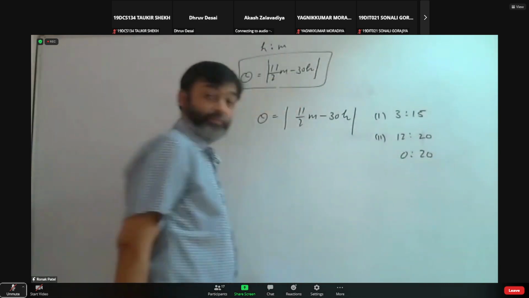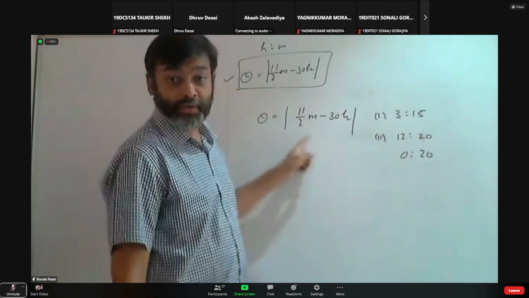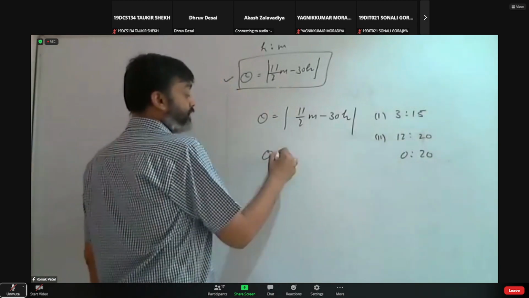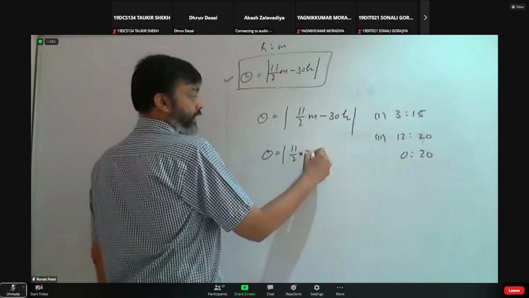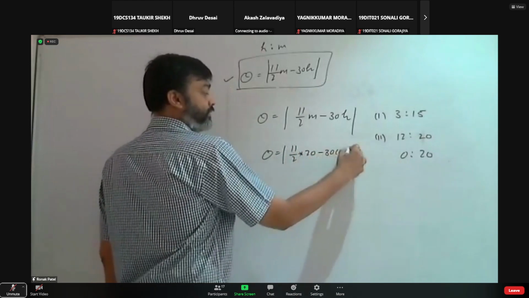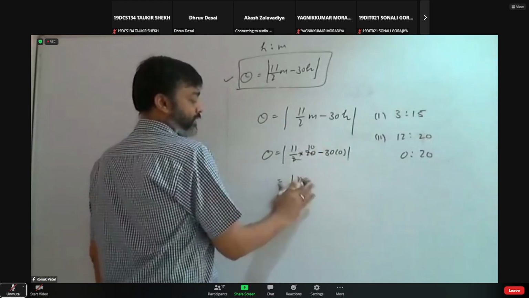This is a special thing. Instead of 12, you take what? 0. Now you get your answer. So theta equals how much? 11 by 2 into 20 minus 30 into 0, and that is equal to 110.